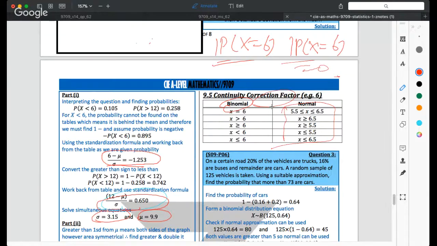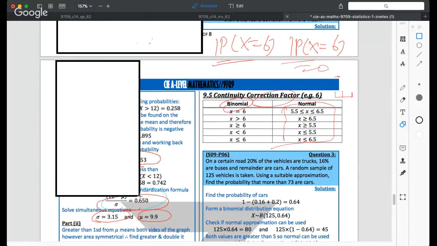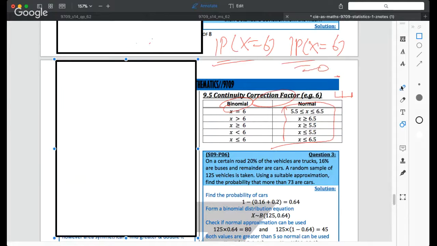So x equals 6 corresponds to, let me draw a graph to illustrate this. If it's x equals 6 for the normal distribution, we are considering this part.